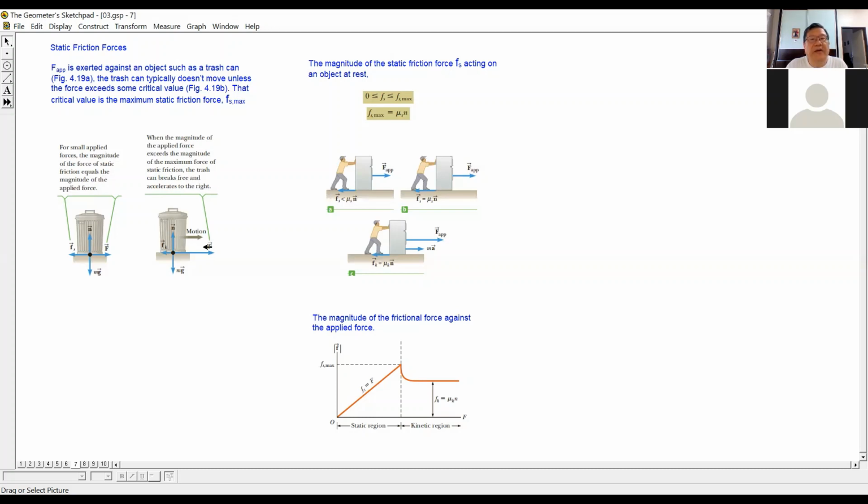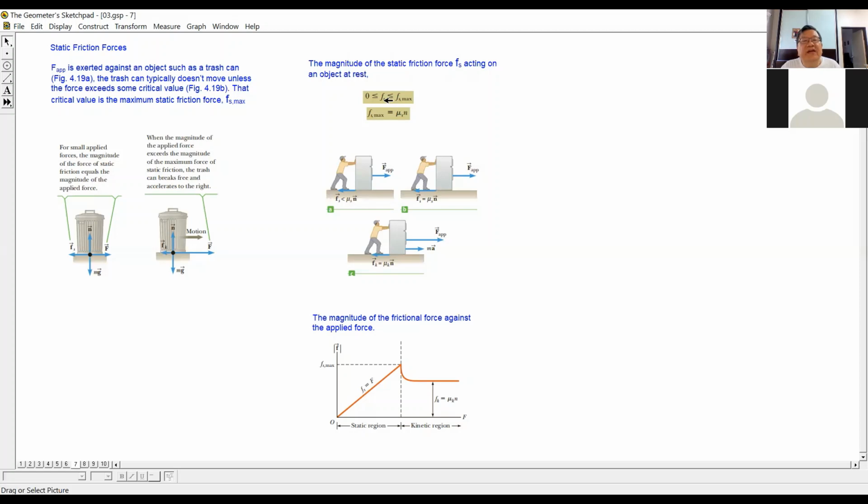Now, what is the relationship between this Fs maximum and Fk? We look at this diagram again. Magnitude of static force Fs acting on an object at rest.